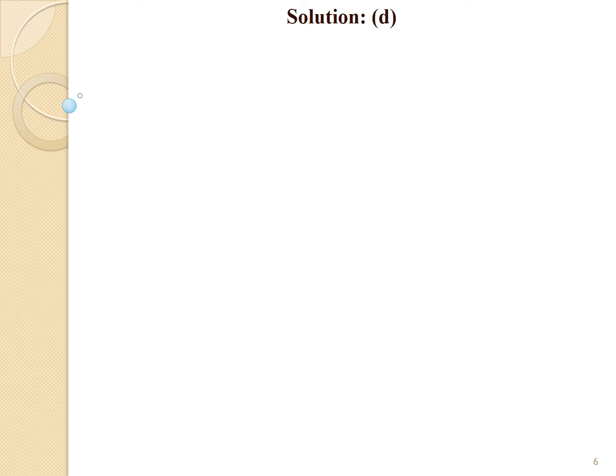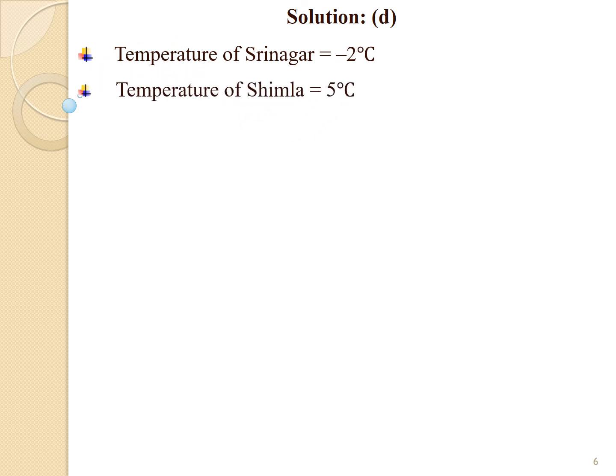The temperature of Srinagar equals -2 degrees Celsius and the temperature of Simla equals 5 degrees Celsius. Now let us find the sum of -2 degrees Celsius and 5 degrees Celsius in order to find the temperature of Srinagar and Simla taken together.